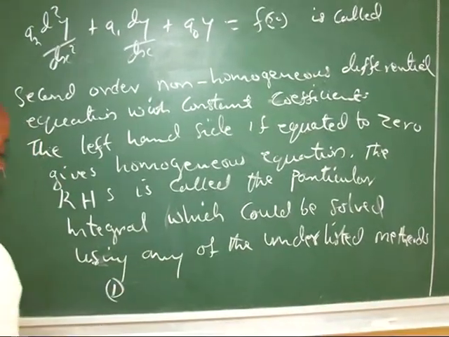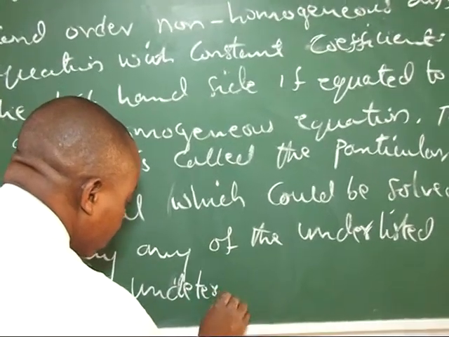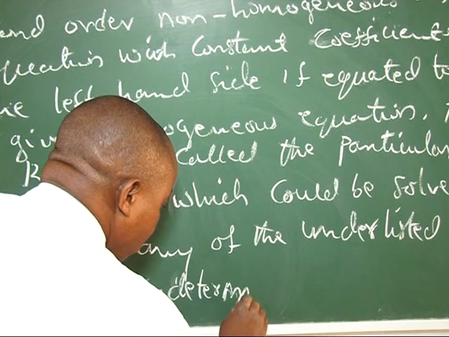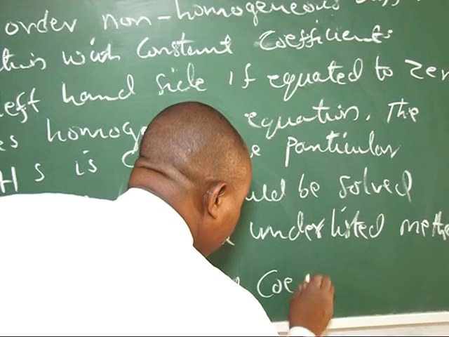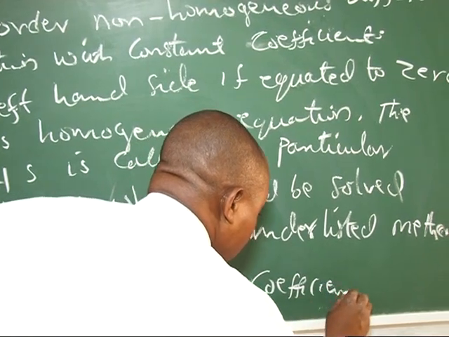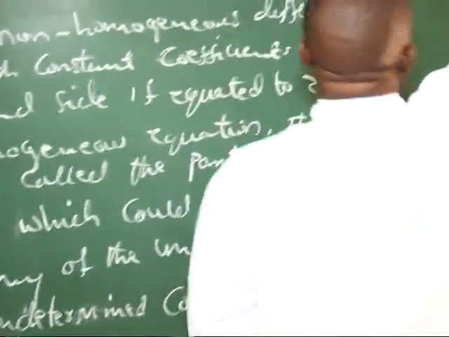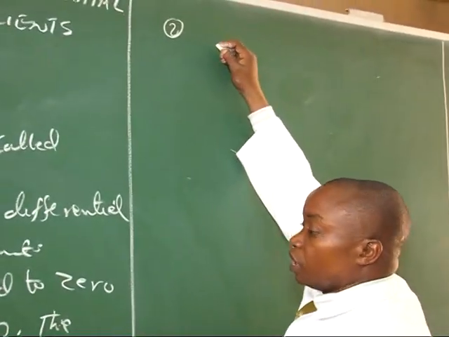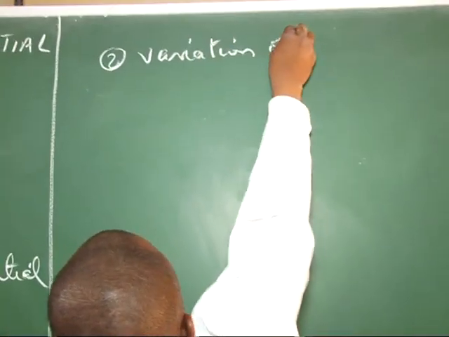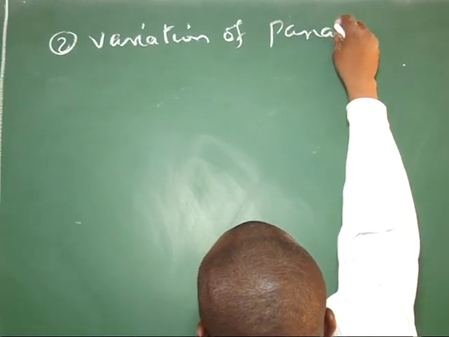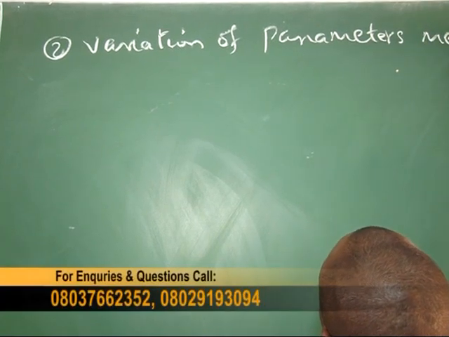Number one is what we call undetermined coefficients method. Number two, we have variation of parameters method.